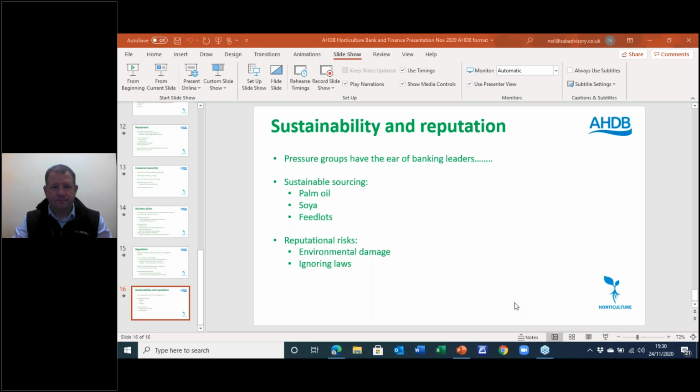We have got a question here. If you have an ongoing overdraft, at what point would you speak to the bank about changing this into a loan? I think you could speak to the bank at any time about an overdraft, moving to a loan. If you think there's maybe a lump of hardcore in there, or you might have bought some fixed assets through an overdraft, then do it at any time.